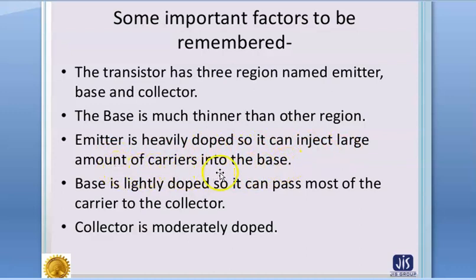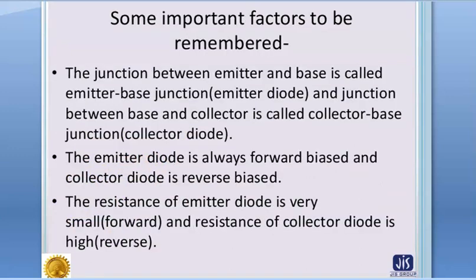Base is lightly doped, so it can pass most of the carriers to the collector. And collector is moderately doped. The junction between emitter and base is called the emitter base junction, and the junction between base and collector is called the collector base junction, simply the collector junction.